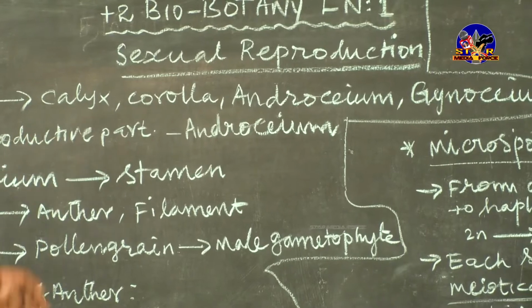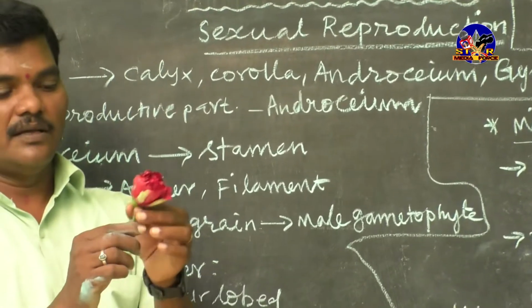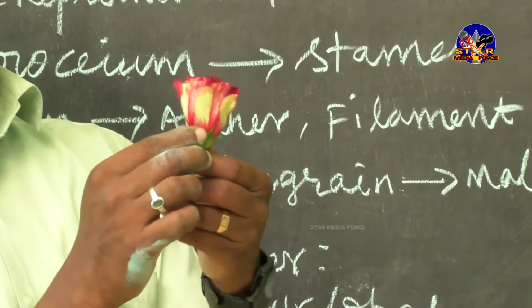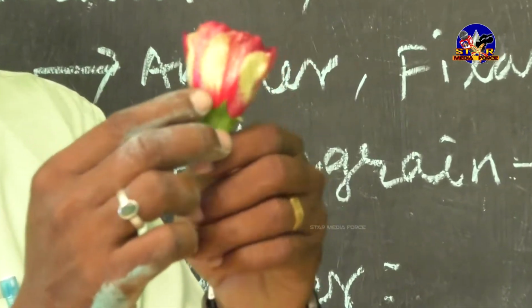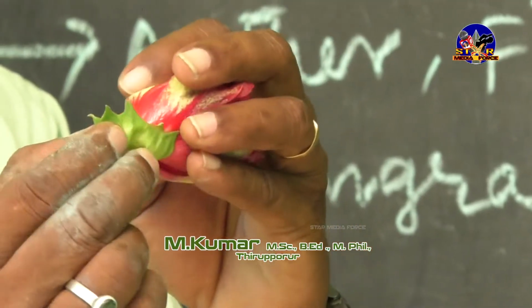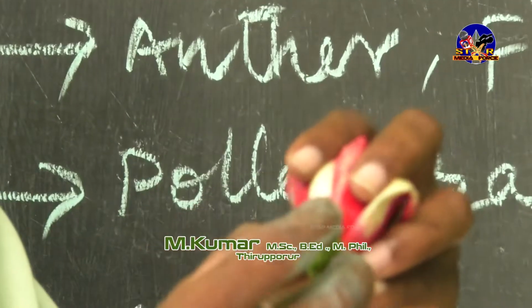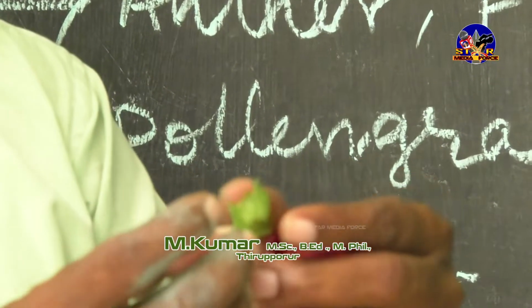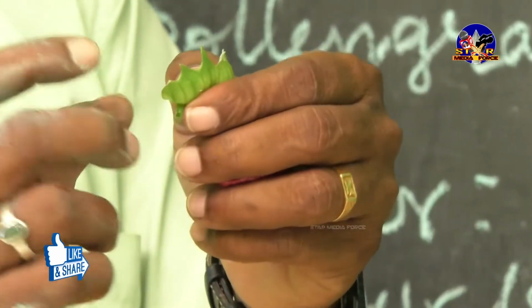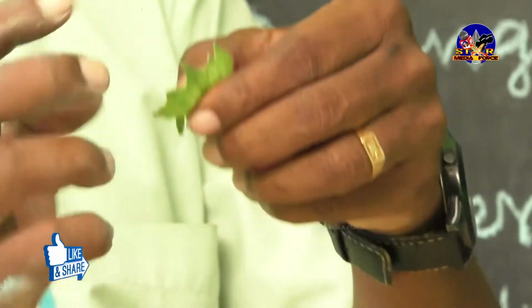What is calyx? See the flower, the green portion totally is called calyx. This is Hibiscus rosa-sinensis. Five parts are there, and each part is called a sepal. 1, 2, 3, 4, 5.